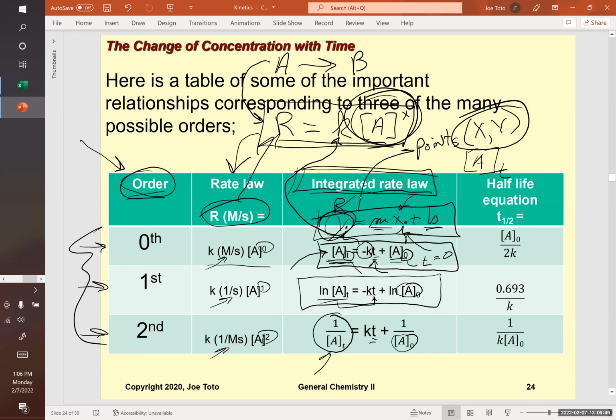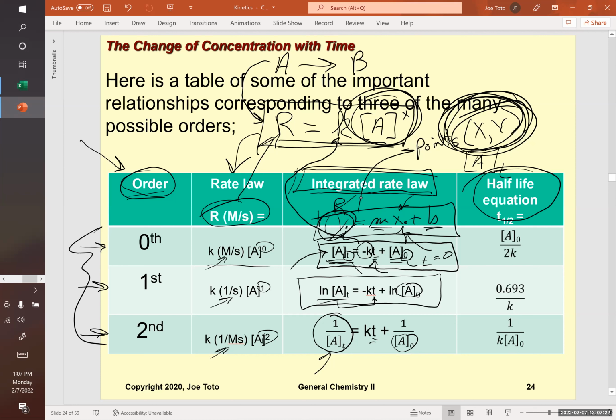Now, these integrated rate laws, as we had mentioned before, they're an infinite point function. In other words, you give me a time, I'll tell you what the concentration is at that point in time. Now, there's a particular point in time that's kind of special for any reaction. And that particular point in time, that XY point, is called the half-life.